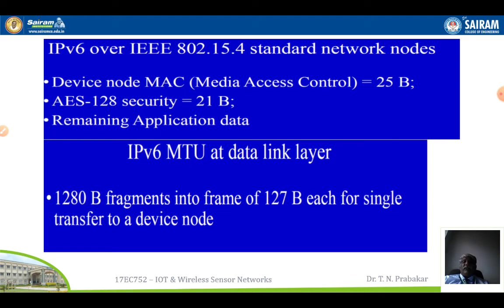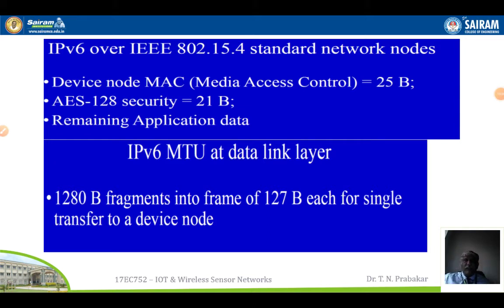And in this IPv6 IEEE 802.15.4 standard network, the device node is identified by the MAC, that is called media access control, right? So I think you know what the MAC address of your computer is, which is actually the unique number that is useful to identify a computer, right? Because we can identify a computer in a network using two things. One is the IP address, of course, which is going to vary, right?